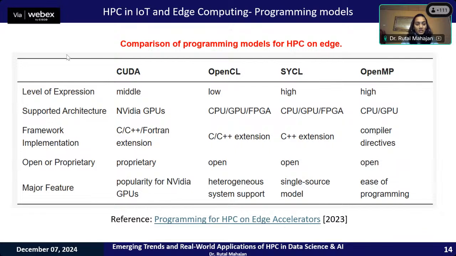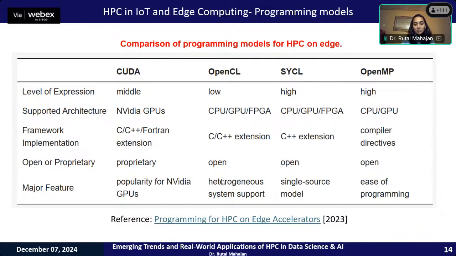So this is how these different programming models differ across parameters. For licensing, the other three are open source, whereas CUDA is proprietary to NVIDIA. The major feature of CUDA is its popularity for NVIDIA's GPU.